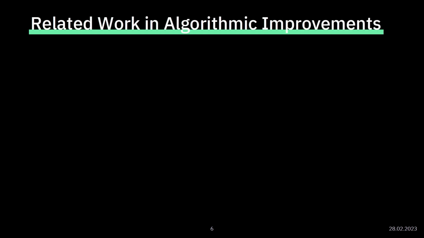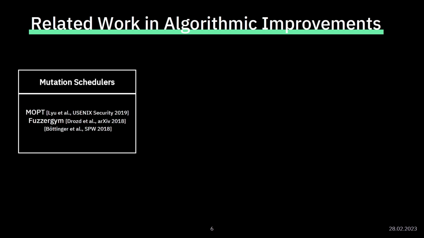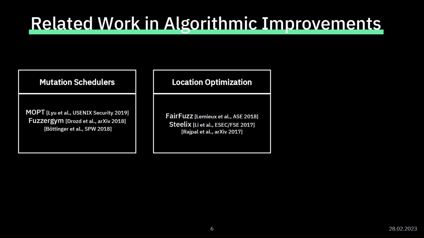There's also previous work in this area. For mutation schedulers, a pretty popular paper was MOpt at USENIX in 2019, which used a variant of particle swarm optimization. But there are also papers tackling not only the challenge of which mutation operator to schedule next, but also where to apply it. We call these location optimization approaches.